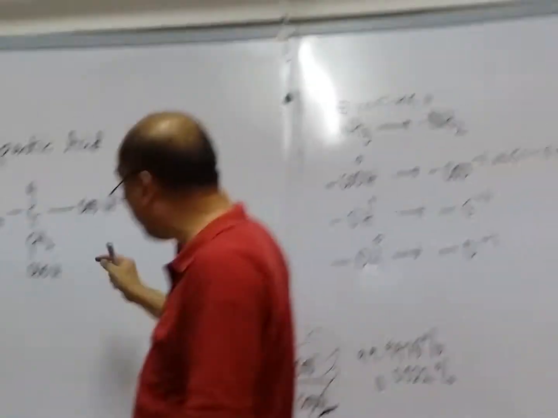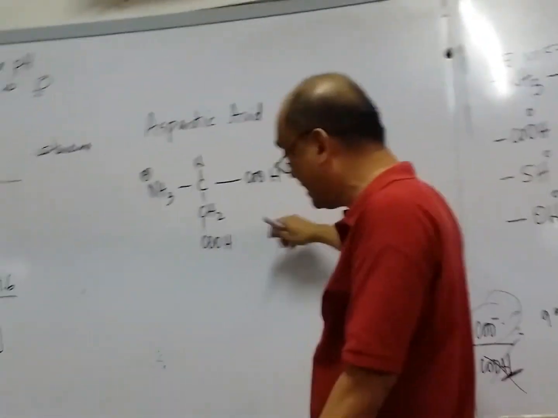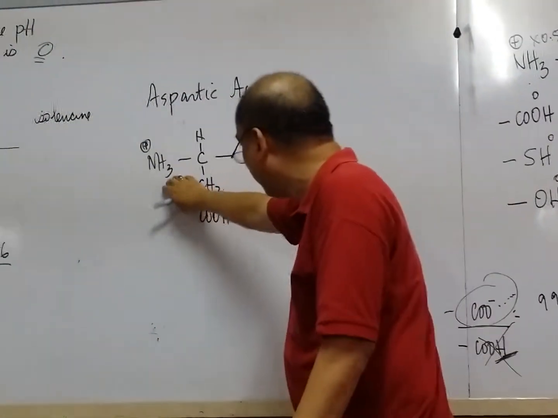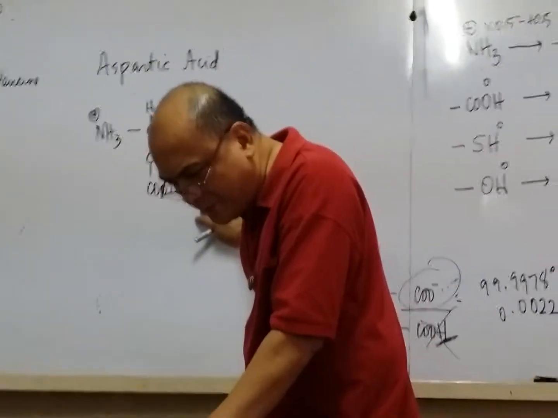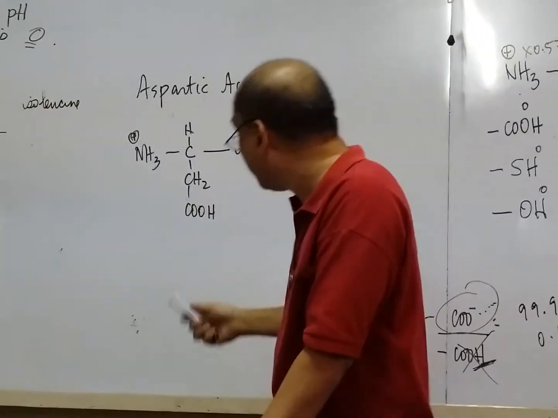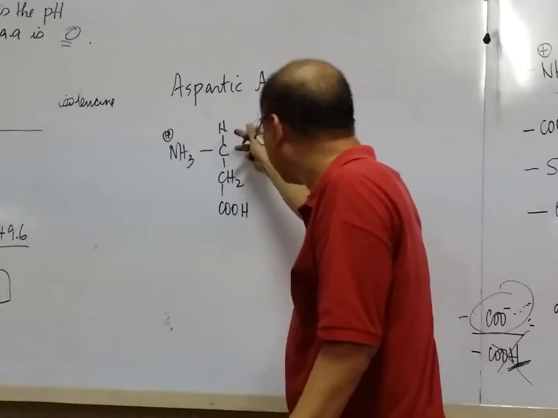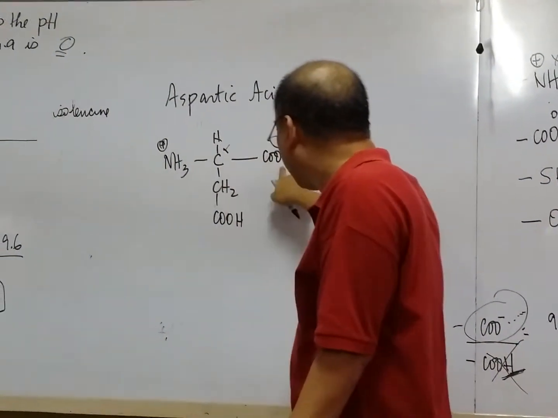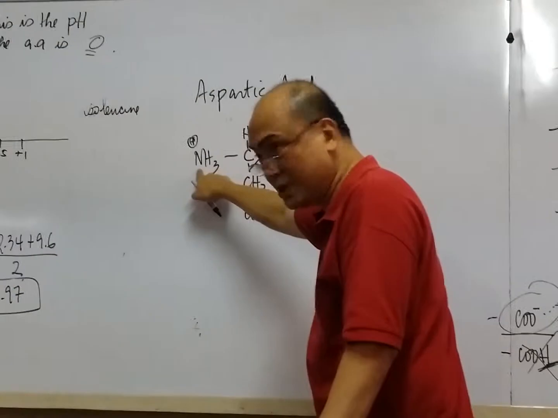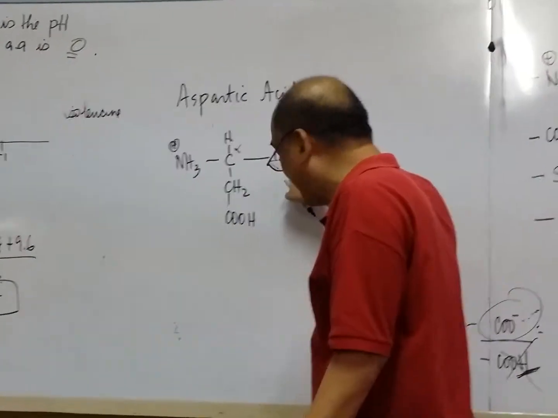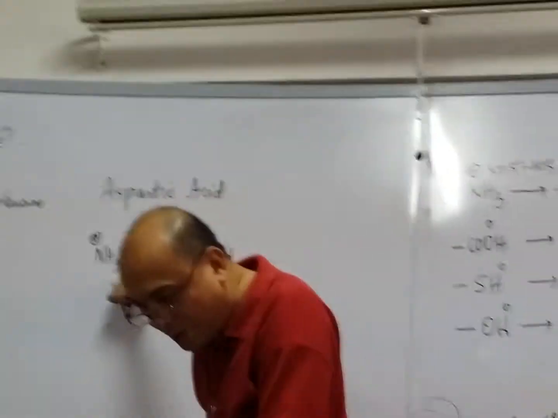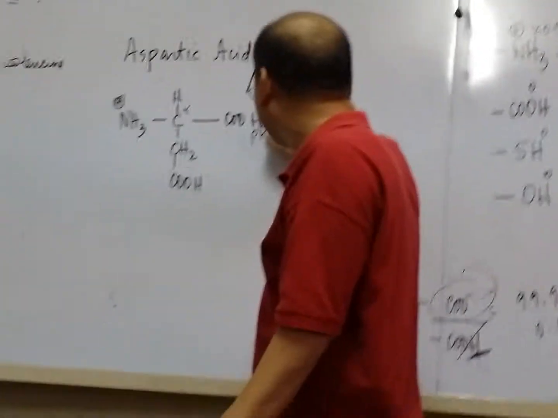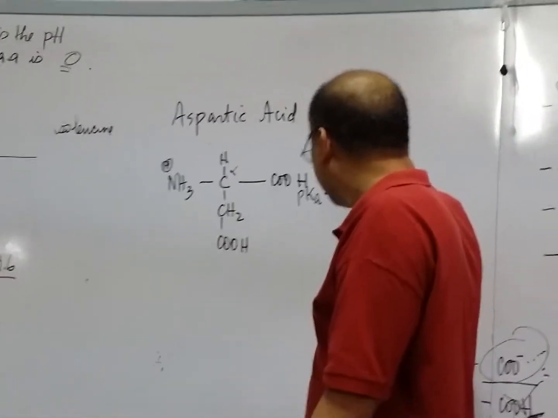So ito yung aspartic acid structure niya kapag nilagay siya sa HCl. Sabi dito sa table, this is the alpha carbon, this is the alpha carboxylic acid. This is the alpha amino group. Tingnan nyo, alpha COOH pKa is 2.09.